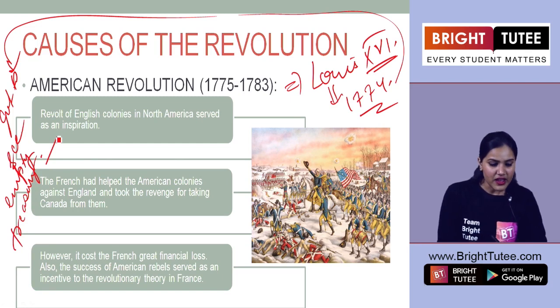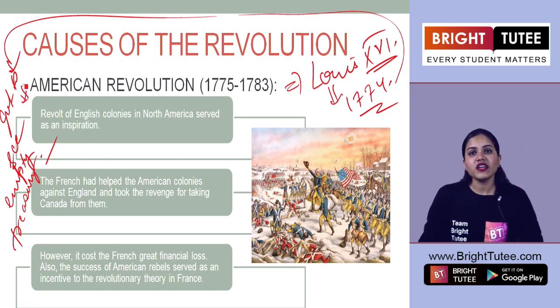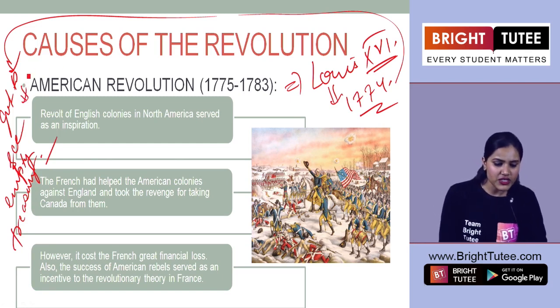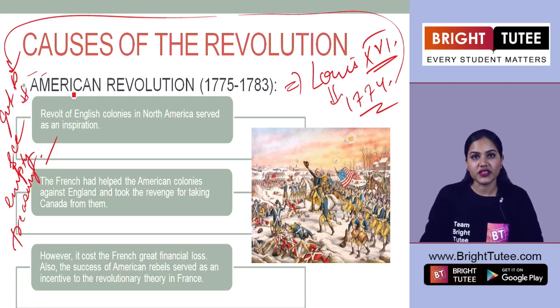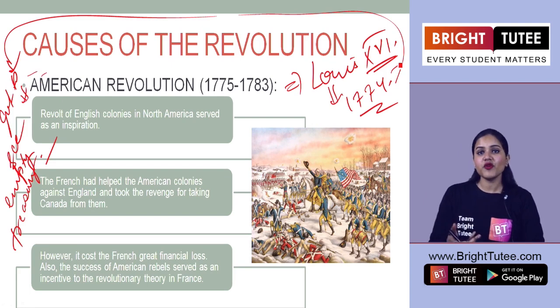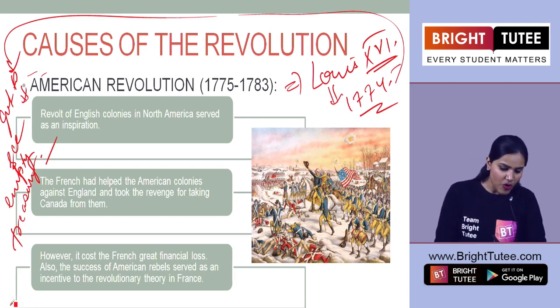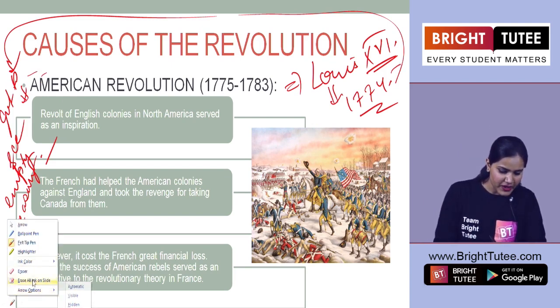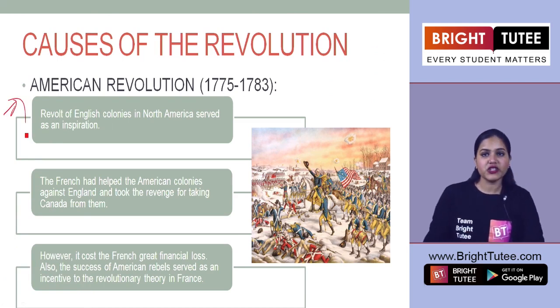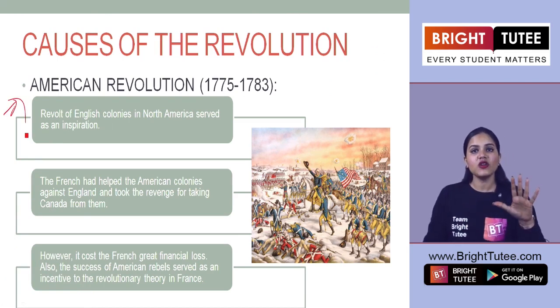And one of the reasons for this financial stress were the wars in which they were participating. When we were talking about Louis XVI or the era before that, we saw that all these kings tried to empty the treasury by spending a lot in the wars, financing all these wars.